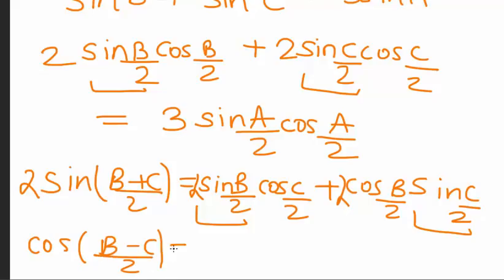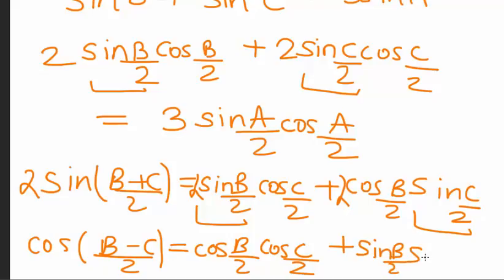If I do that, I'm going to get cosine of b by 2 cosine of c by 2 plus sine of b by 2 sine of c by 2. Now let's imagine we multiply these two equations, and let's see if we get our basic requirement fulfilled, which is the left hand side of this equation. If I multiply this term by this, I'll get 2 sine of b by 2 cosine of b by 2.